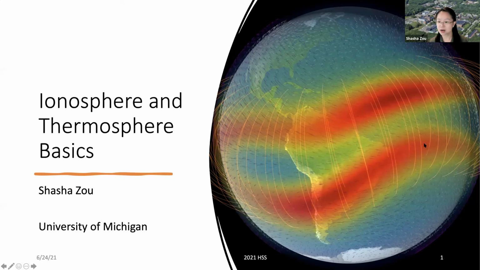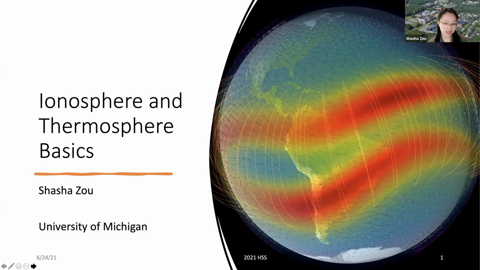You can see some really large high density regions as red, and then lower densities close to the polar regions. You can also see there are some really tiny vectors. Those are actually the thermospheric wind based on an empirical model. And so this plot nicely shows the ionosphere and the thermosphere interact and coexist in the same space.